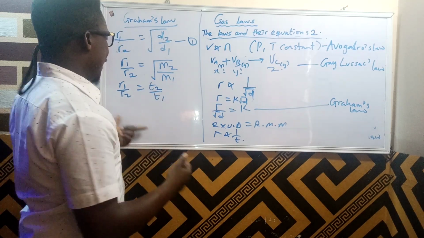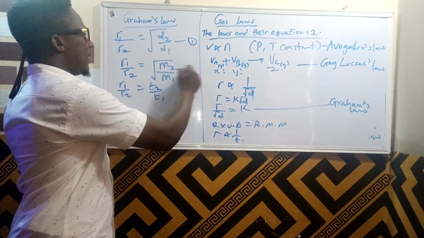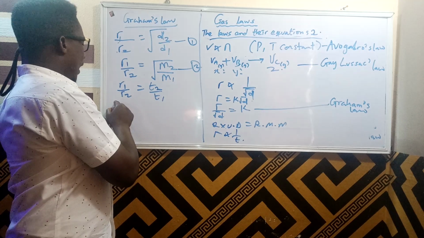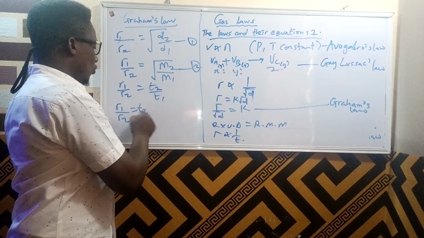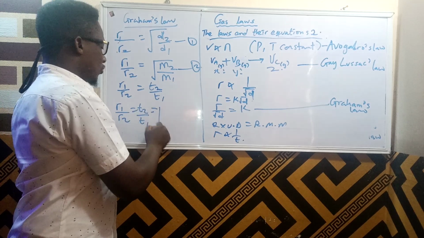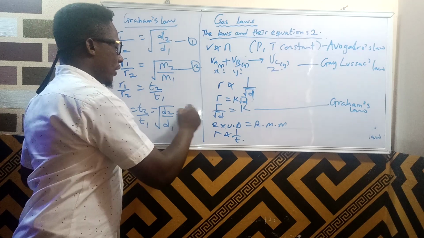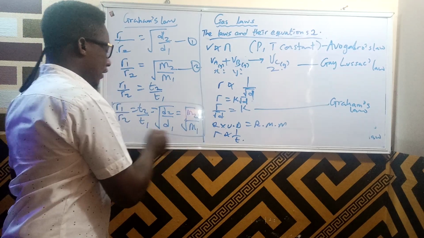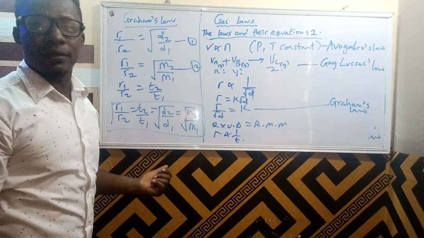Let's call this one equation 2. So R1 over R2 is equal to T2 over T1, which equals root D2 over D1, which equals root M2 over M1. Now this is a complete set of the equations under Graham's law.